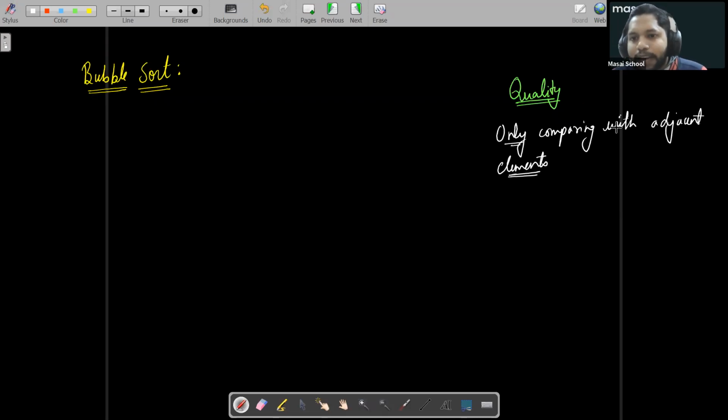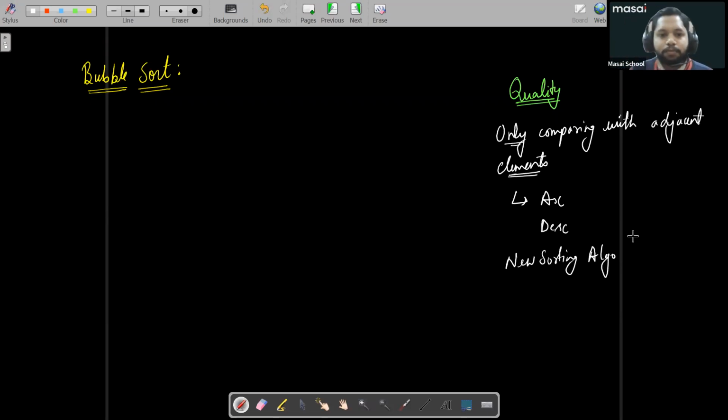And after this adjacent comparison, we can make any form, like ascending, descending, and any new sorting order also. This is the quality of bubble sort. So let's start bubble sort with that example only.